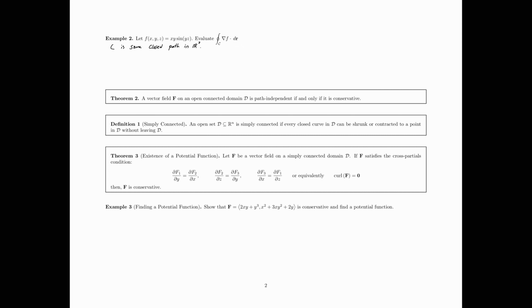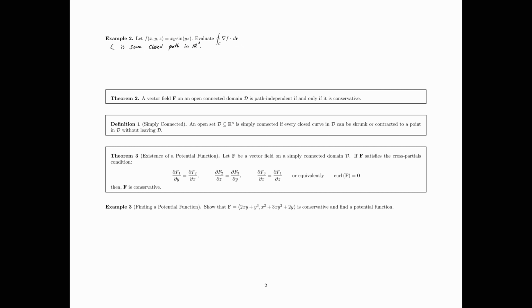How do I know it's a path in 3 dimensions? Well, because this function f has 3 variables. So the gradient of it is a vector field that has 3 components and 3 variables. And in general, when you integrate such a function, that path has to be in the domain space. So I know that this is closed because of this loop, and I know it's in 3 dimensions because of the fact that little f has 3 variables.